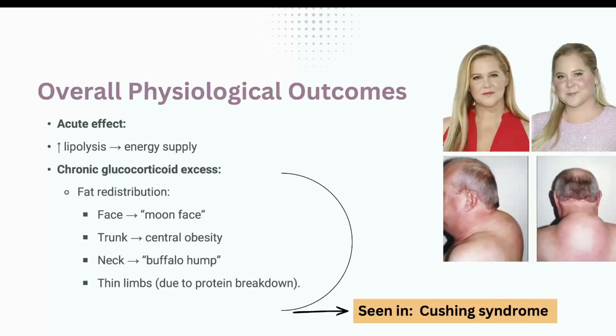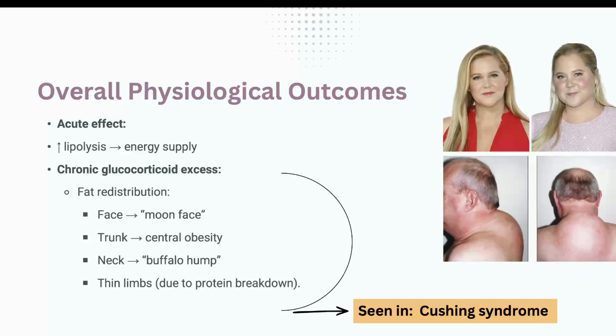Fat redistribution. So first, the energy will be exploited in many physiological functions. But with time and with prolonged use of exogenous glucocorticoid, or an abnormal elevation in the level of cortisol, leads to fat redistribution. What do we mean by fat redistribution? Look at this here. The fat is distributed in some specific areas of the body.